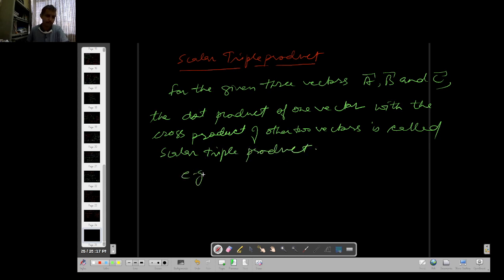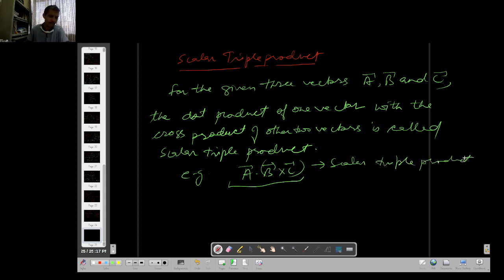For example, A dot B cross C, it's basically the vector triple product. Sorry, it's the scalar triple product. And in place of this we can also call it as like this, and both are identical. We will prove it later on.